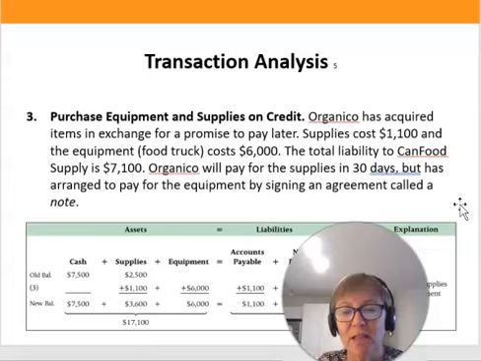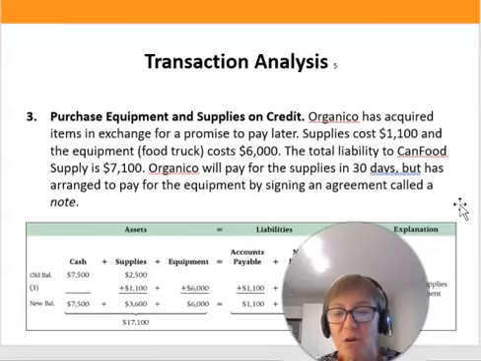So that increased the liability called notes payable by 6,000, like a loan, and then accounts payable for the 1,100 for the supplies. Those added together with the 10,000 give us total liabilities plus equity of 17,100. So it balances with our assets.